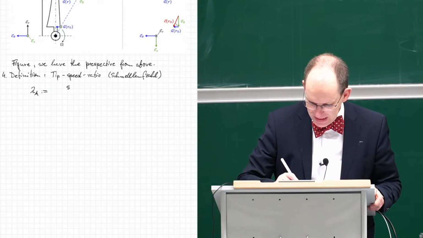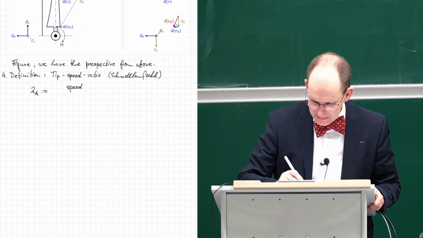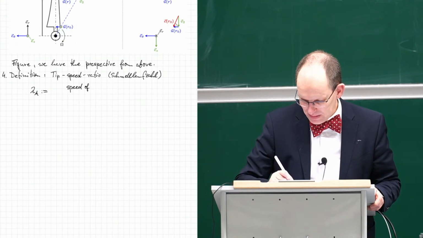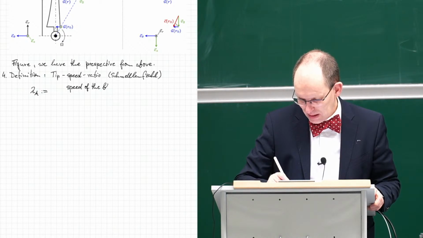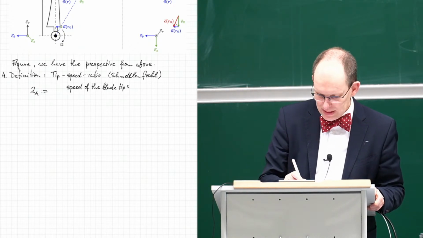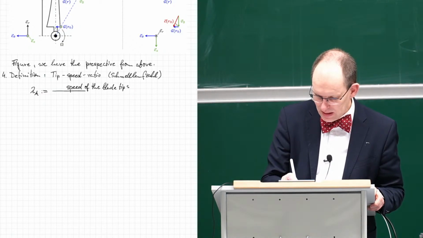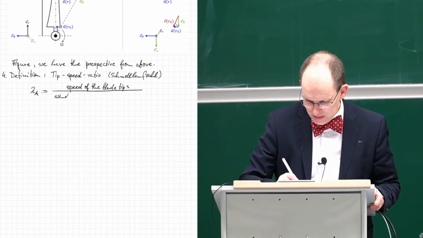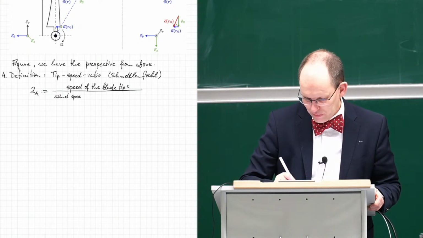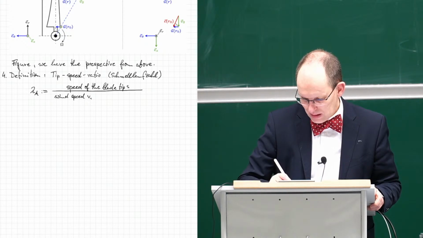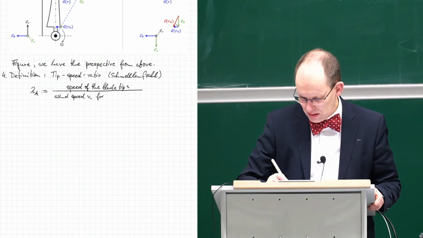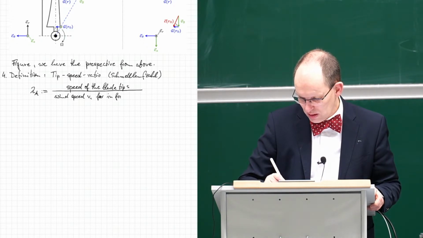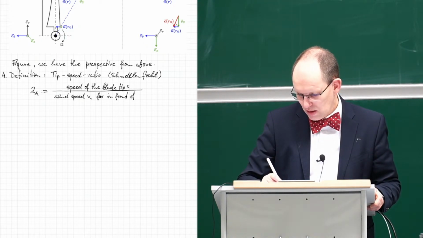This is the speed of the blade tips divided by the wind speed V1 far in front of the turbine.